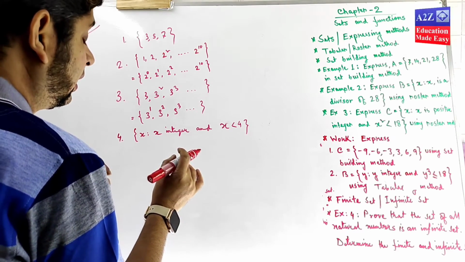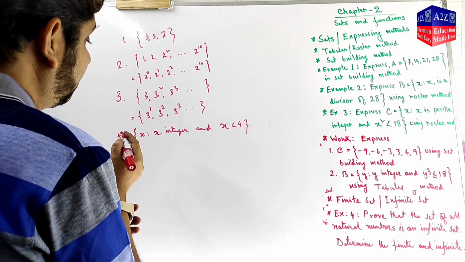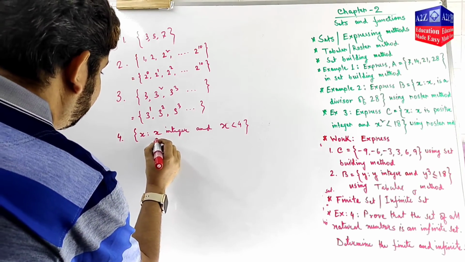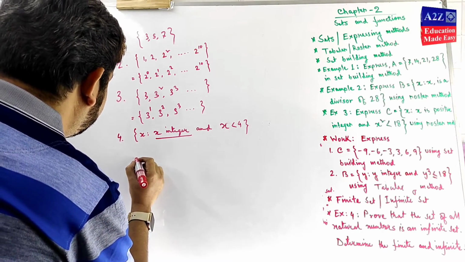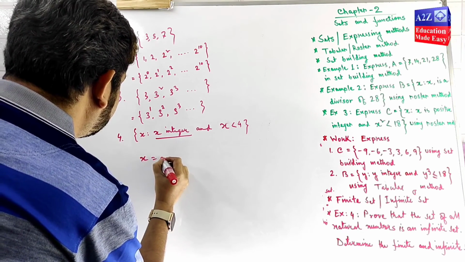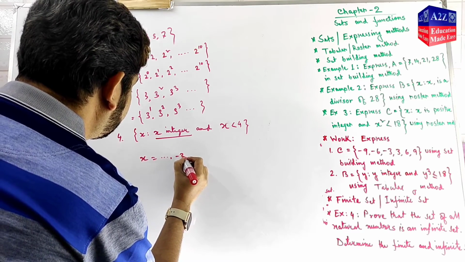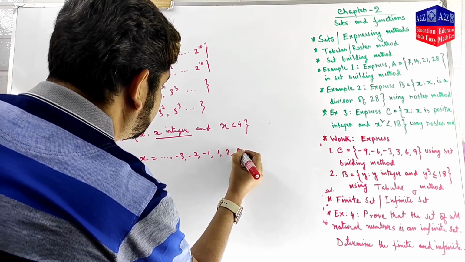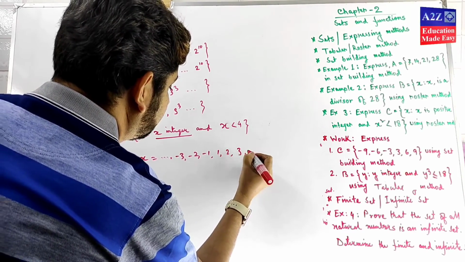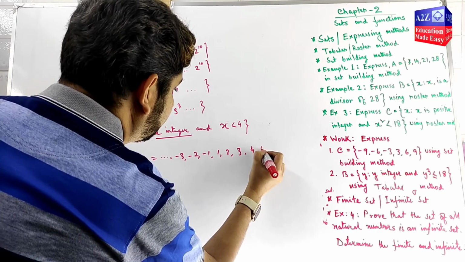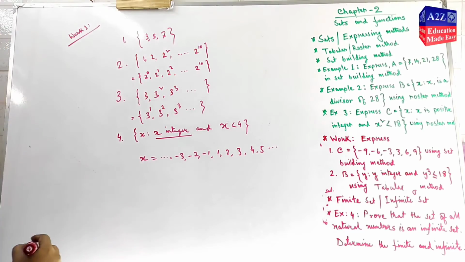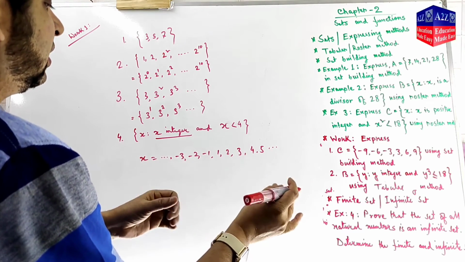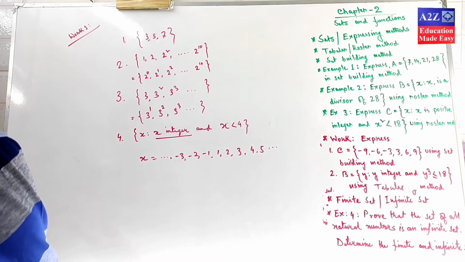This is the short answer, but I would like to convert this using the roster method so that it is clear. The first property is that x is an integer. That means x can be maybe -3, -2, -1, 1, 2, 3, 4, 5. Since x is an integer, it can be an unlimited number of positive integers and an unlimited number of negative integers.